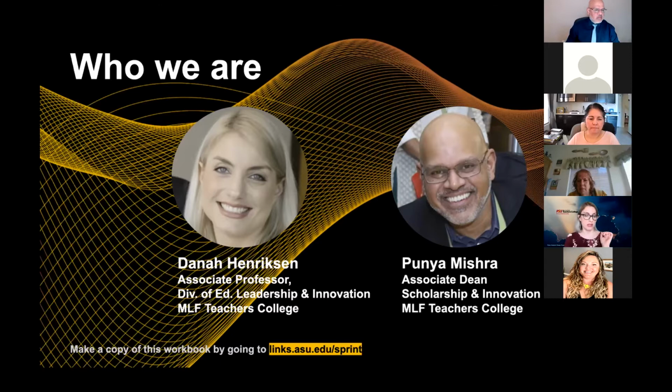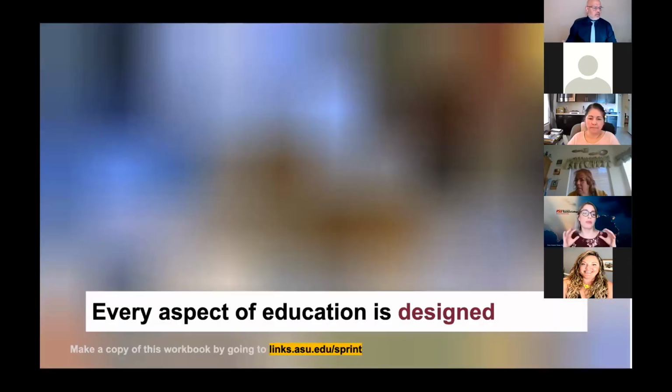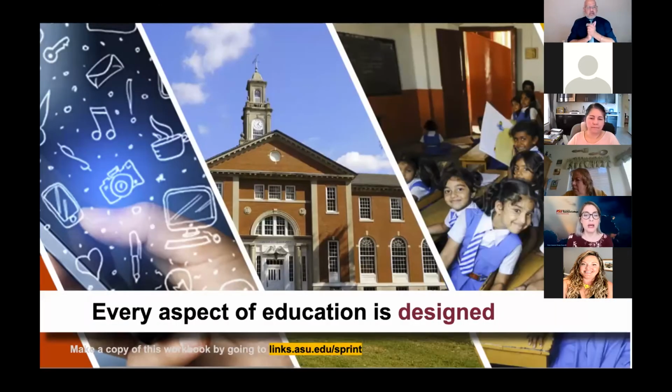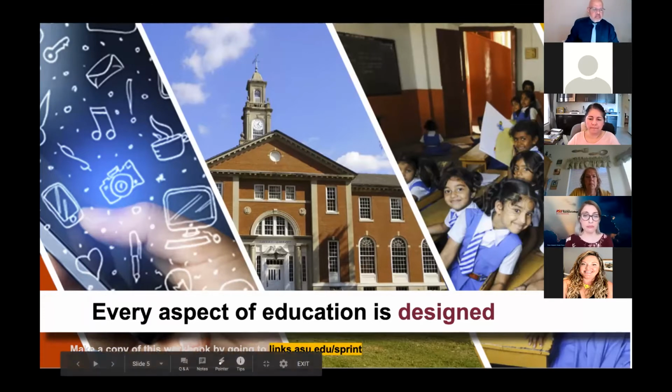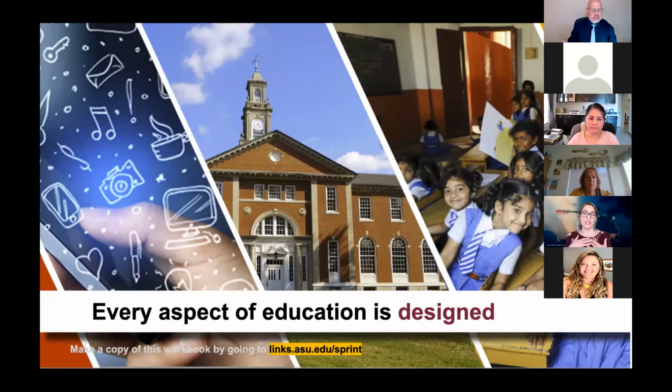So our time is tight. We're going to get started, but first with a quick recap of the keynote session about design thinking in STEAM that we did on Wednesday, so that everybody is coming from a bit of background on foundations for the workshop. We want to start by highlighting the fact that education is already all about design. So design is everywhere in education because every aspect of education is designed.